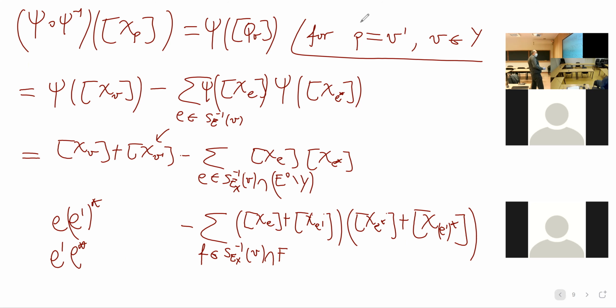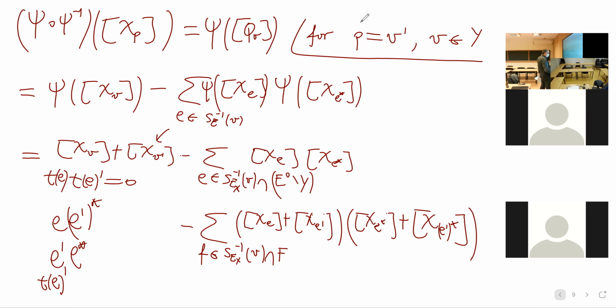But you see, this is bound to be 0 because the beginning of E prime star is the end of E prime. But the end of E prime is TE prime, and the end of V is TE. These two vertices multiply to 0. And likewise here, the end of E prime is just the end of E prime.